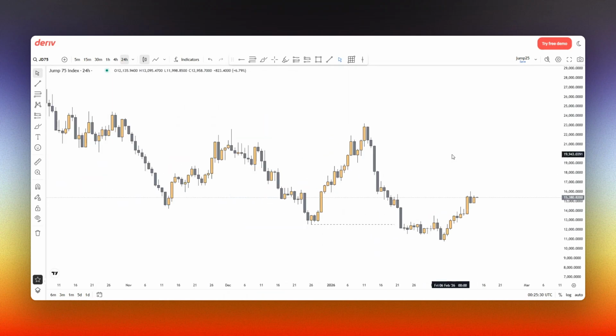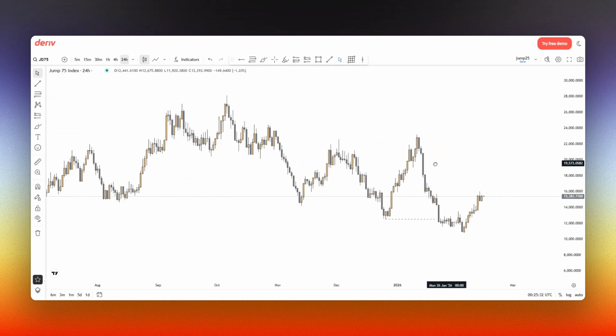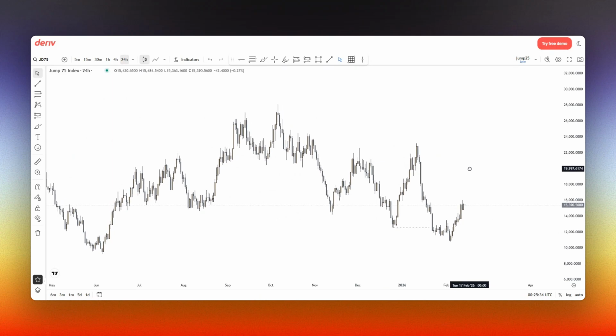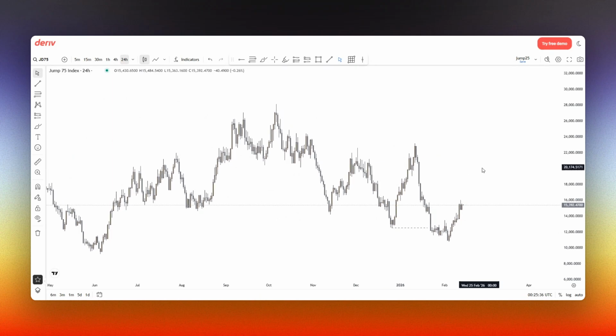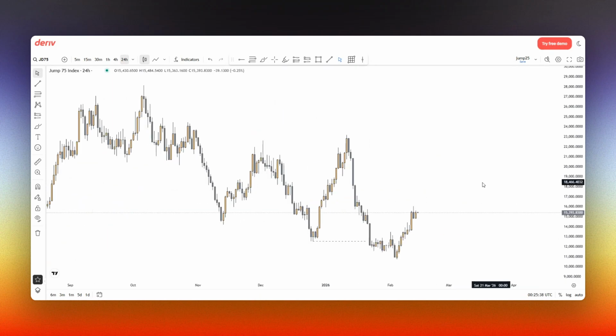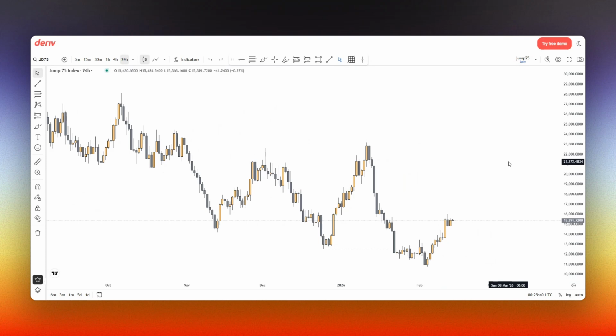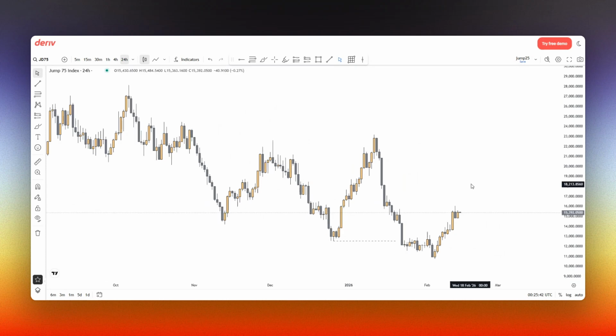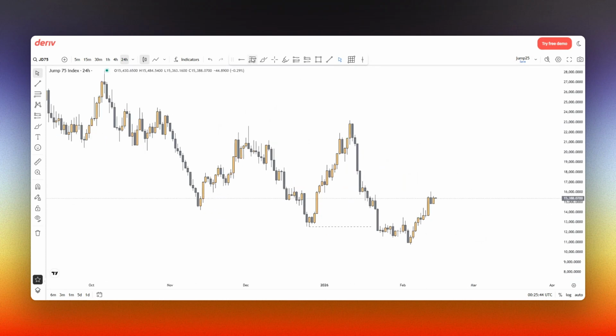Okay, this is the current market, and my levels are showing me these levels.